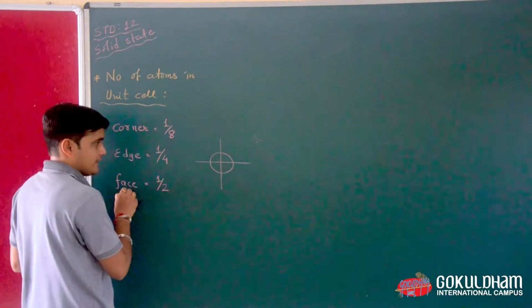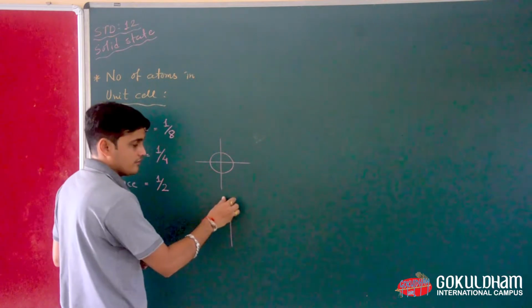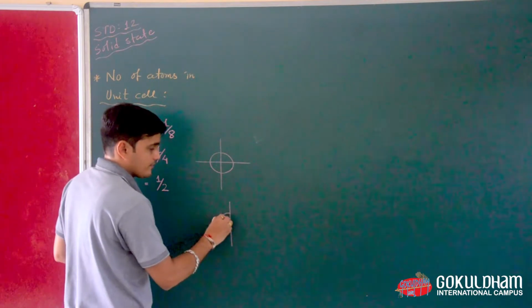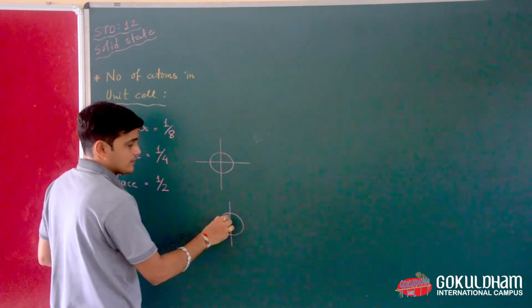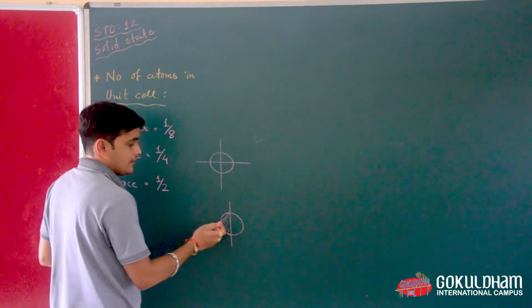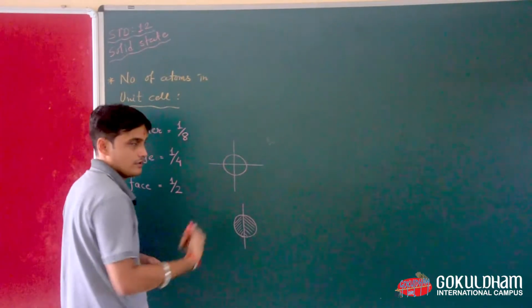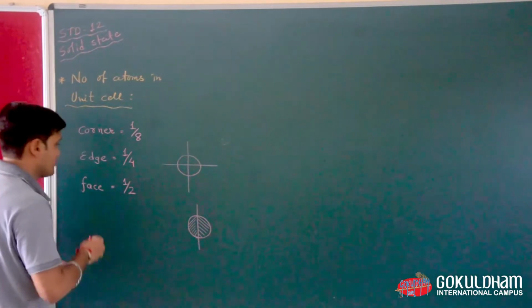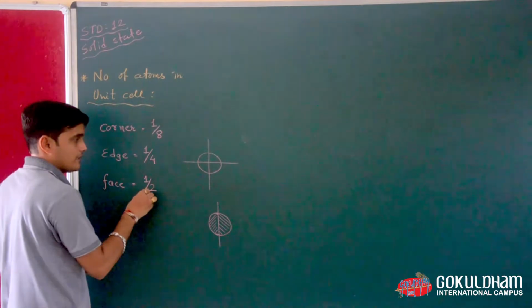When you see a face, this is one plane. Suppose this is one wall and we fitted that sphere in between the wall. So this half is on the outer side and this half is on the inner side. So when the face is present, you have to multiply by 1 by 2.